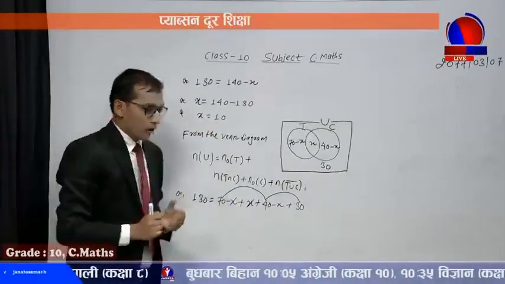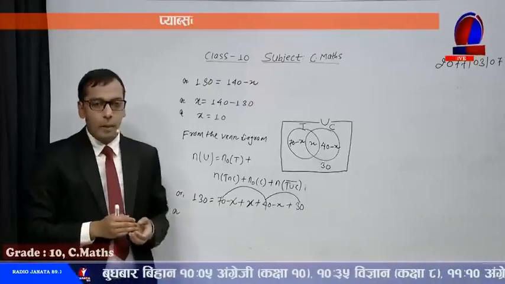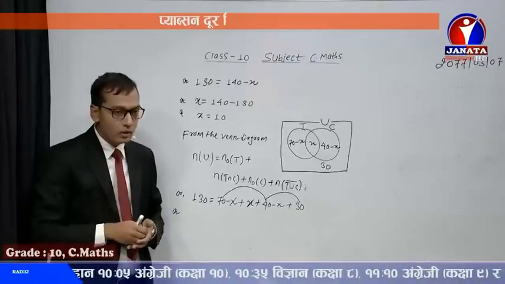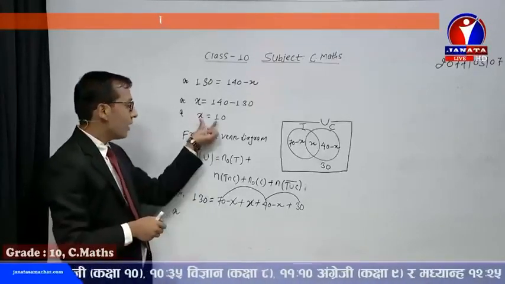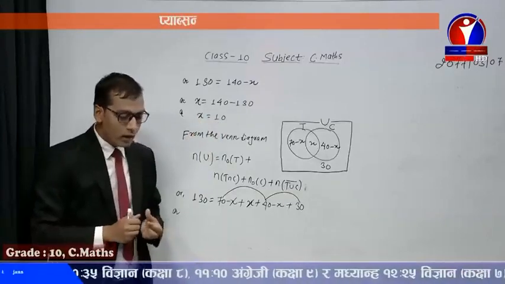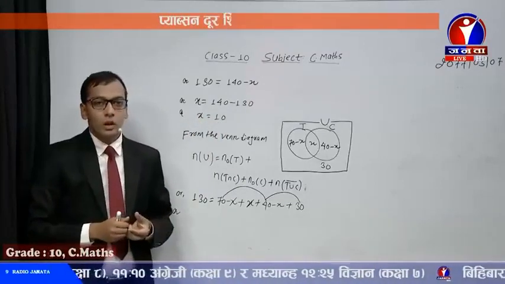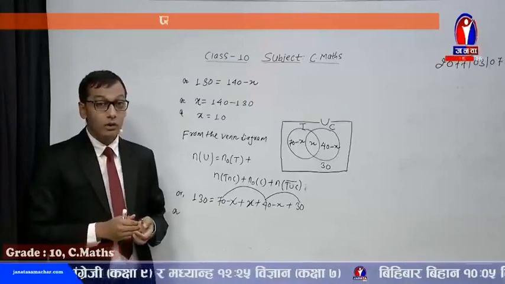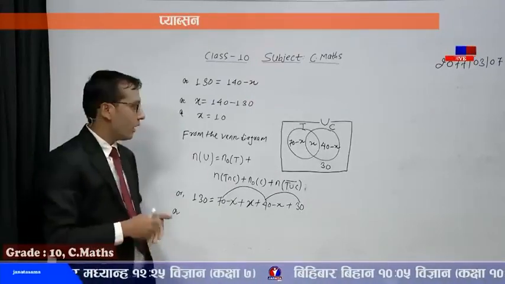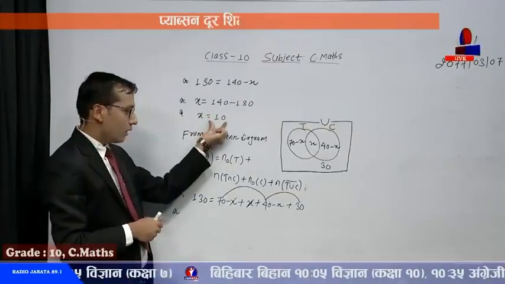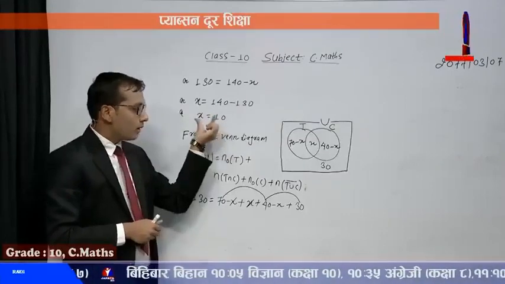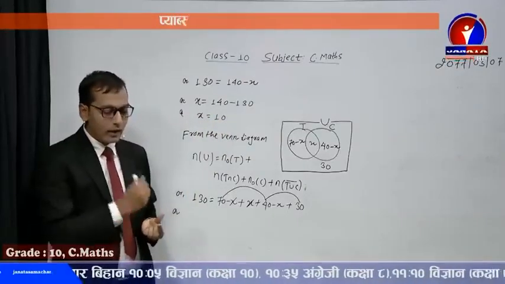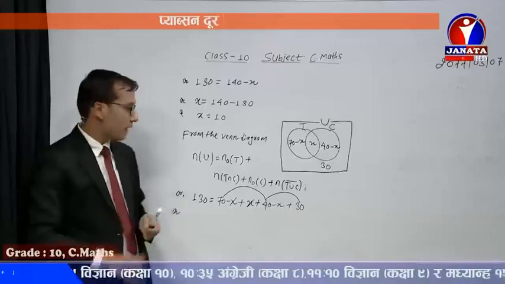Okay, so it's done. What was my assumption? My assumption was there are X number of students who like both items, tea and coffee. So here, what is X? 10. Therefore, 10 students like both items, tea and coffee.